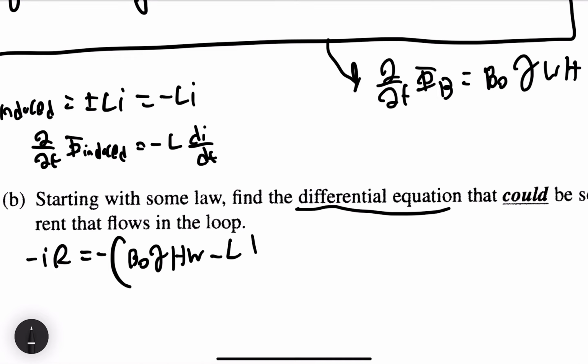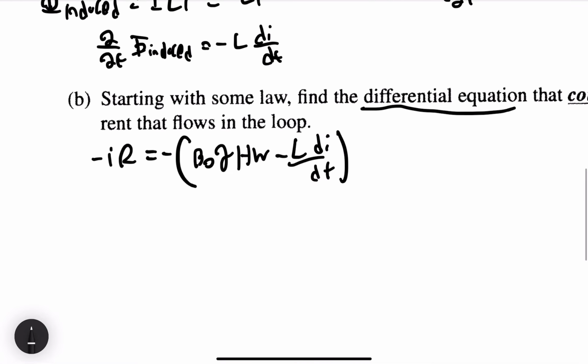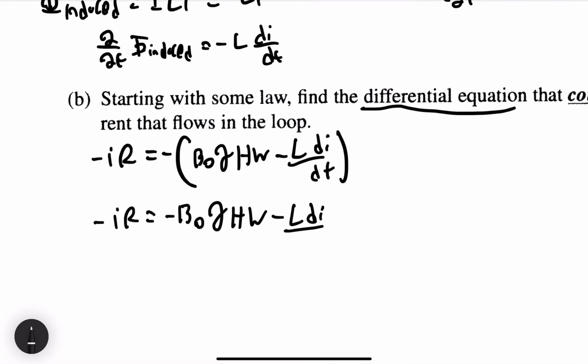Minus L di dt. I can go ahead and simplify this a little bit. Negative IR equals negative B naught gamma HW minus L di dt.